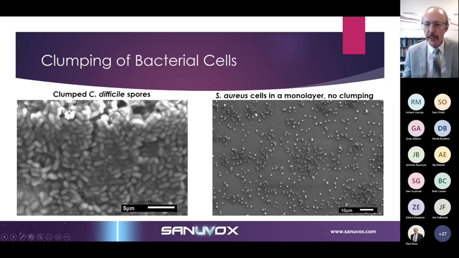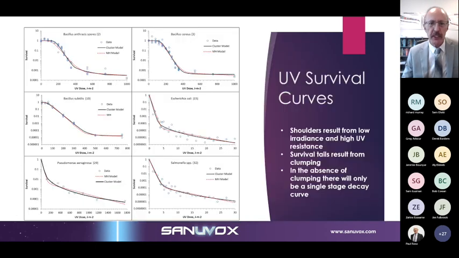But when we irradiated Staph aureus, we got essentially a direct path to 6 logs of reduction with no survival tail. These are some examples of survival tails. Spores also form shoulders because they can resist UV to a degree, but most microbes tested in the laboratory will form tails, survival tails, as a result of clumping, as a result of the preparation procedures.